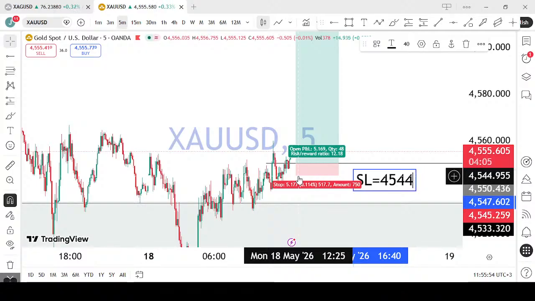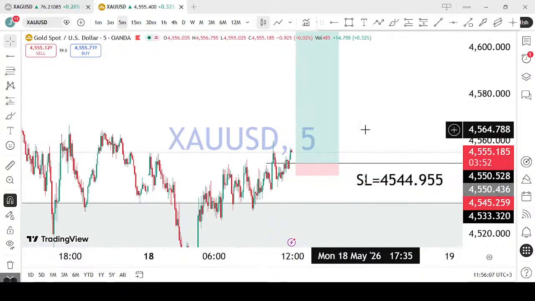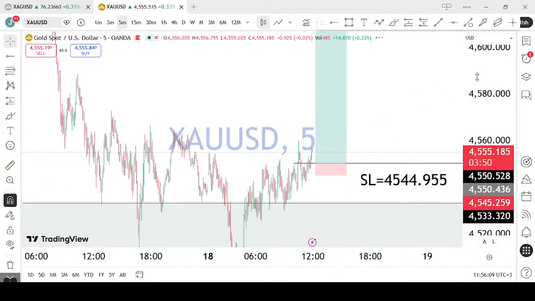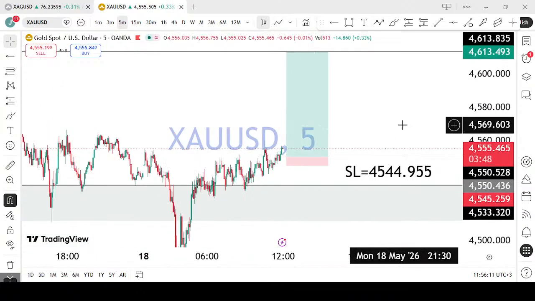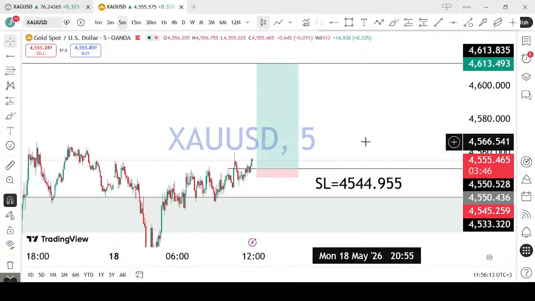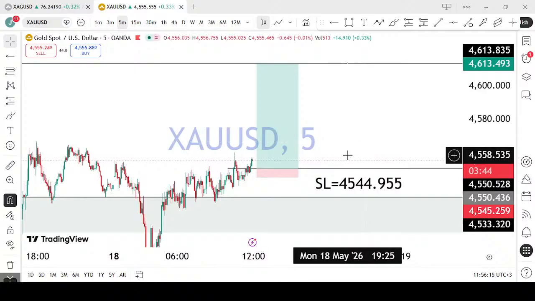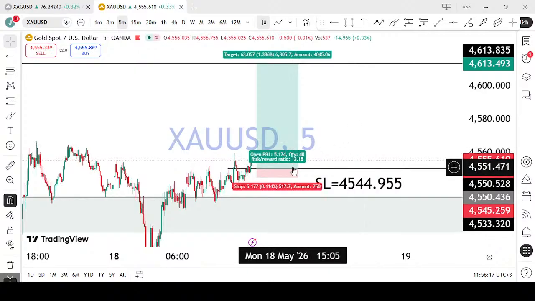The 45, 44 point. Let me look at it here: 95955. That will be our stop loss. So let us wait and see how the market is going to react here.